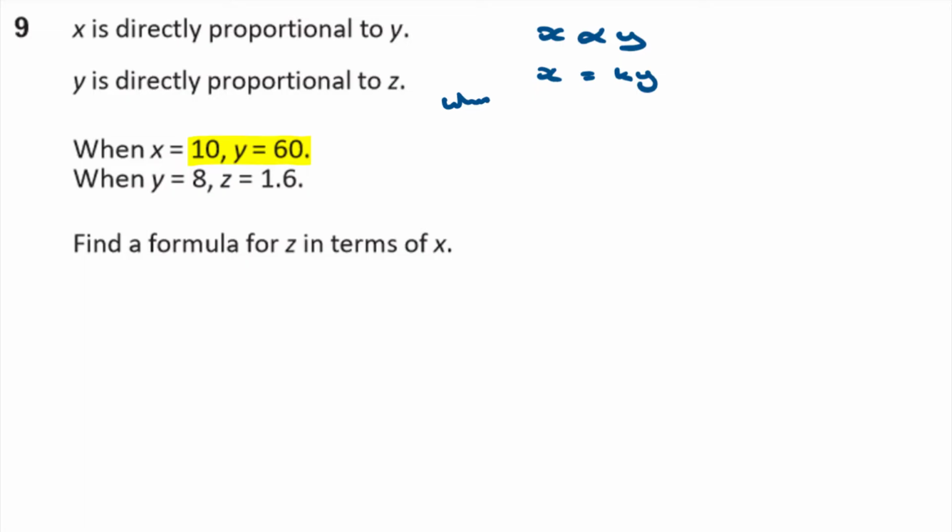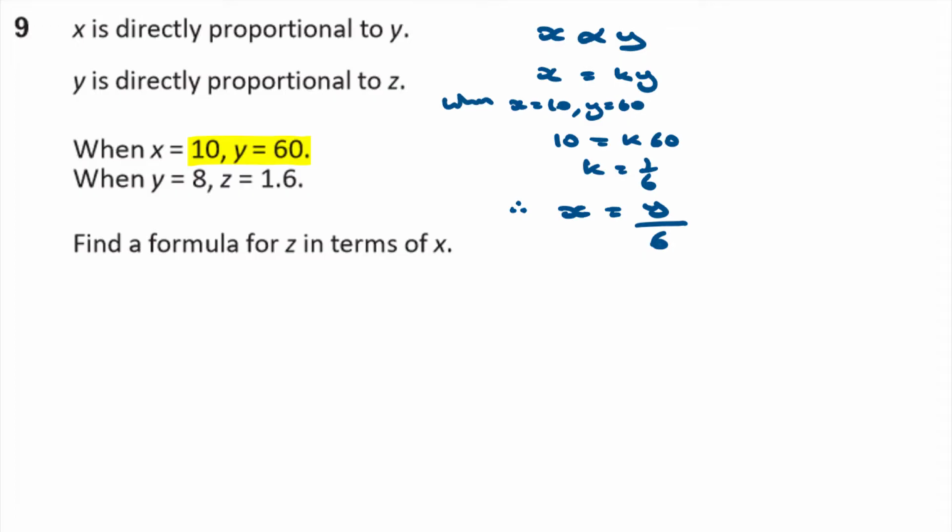So when x is 10, y is 60, so subbing that in, 10 is equal to k lots of 60. So k equals 10 divided by 60. It's 1/6, isn't it? And therefore the full equation that links x and y is that x equals y over 6, or a sixth of y. Okay, so that's my equation linking x and y.